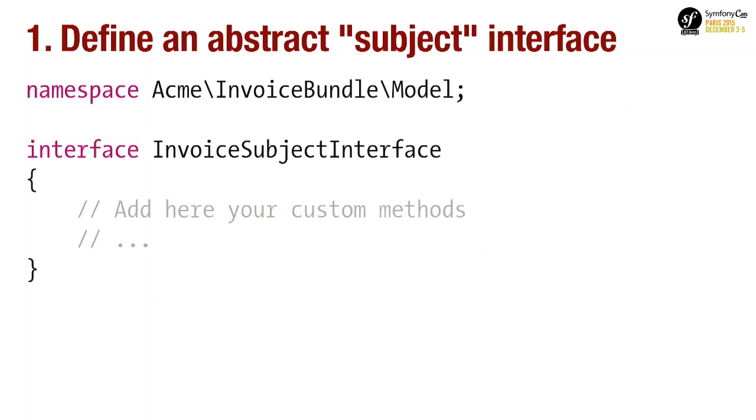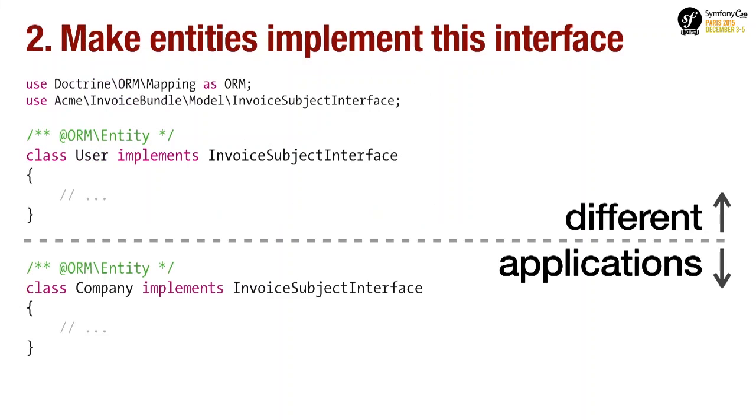First, you need to define a common interface for the thing that is related with the invoice entity. In this case, we don't call it thing, but subject. So we define an invoice subject interface. Okay, and then in your different applications, sometimes it will be the user entity, some other times the company entity. You implement that interface.